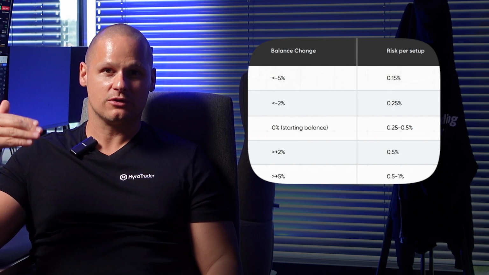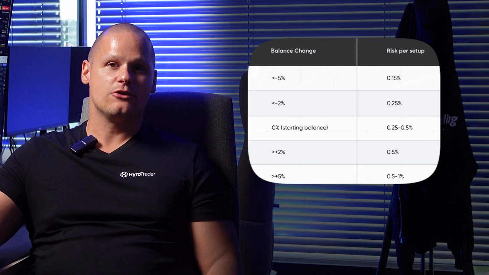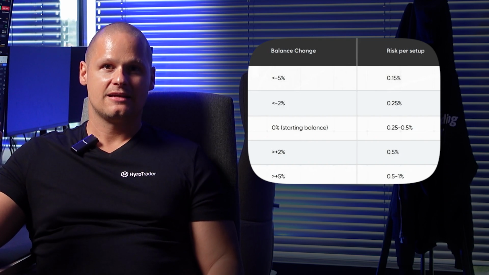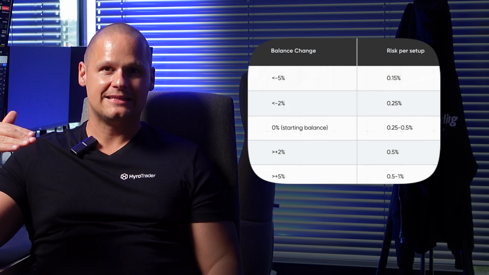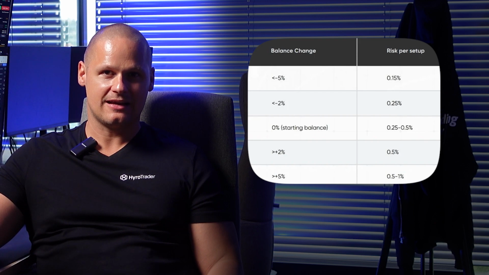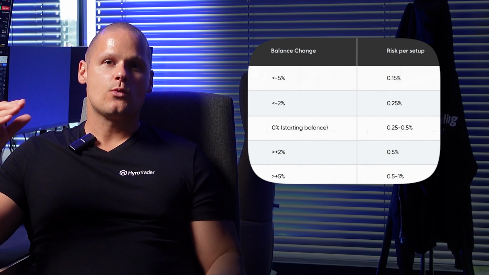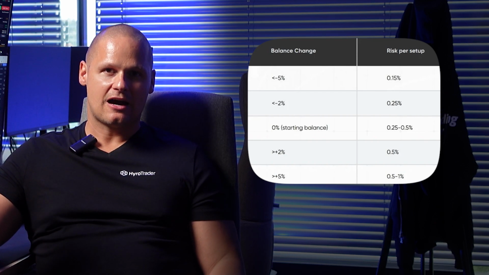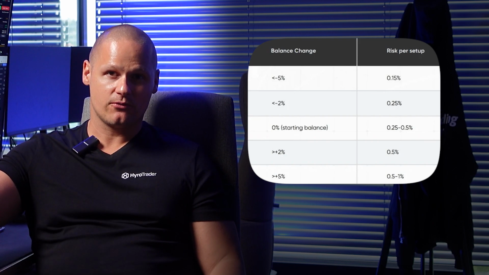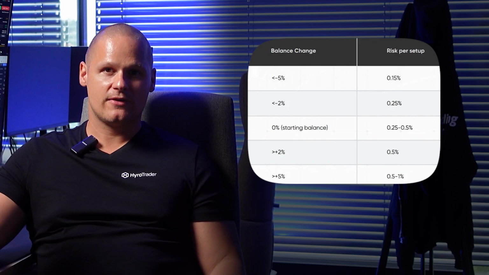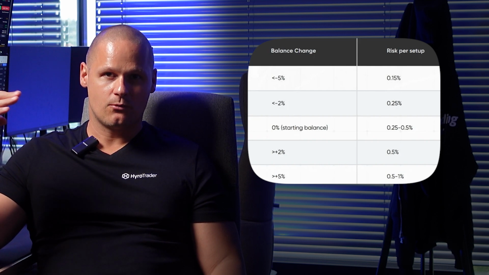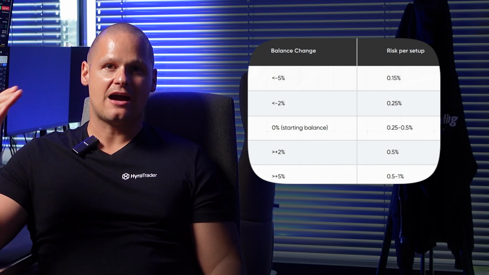Then you can increase to the 0.25% per trade again, and you're trading with the 0.25% risk per trade until you trade to the break even. Then you start with the 0.5% again. In this stage, we are not increasing our risk per trade if we are in the profit, but every time when we are in the profit and we are eligible for the withdrawal, you take the money out.